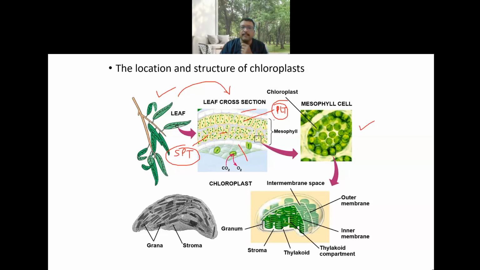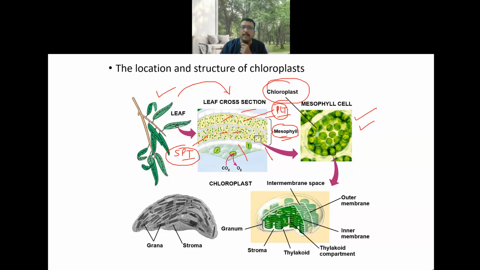So this region is known as mesophyll. That is the upper epidermis and lower epidermis, and the region between them is known as mesophyll, which comprises two layers of tissues: palisade tissue and spongy tissue. In both types of tissues, you will find these green chloroplasts present.